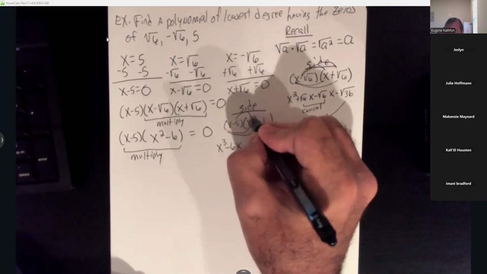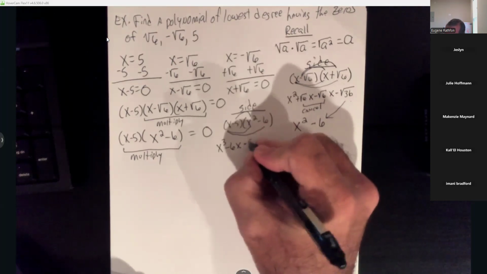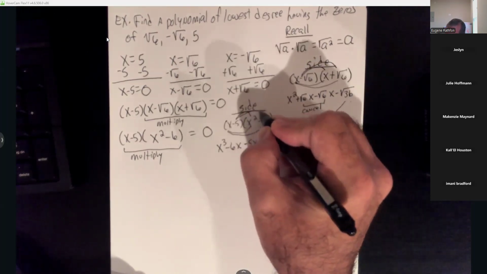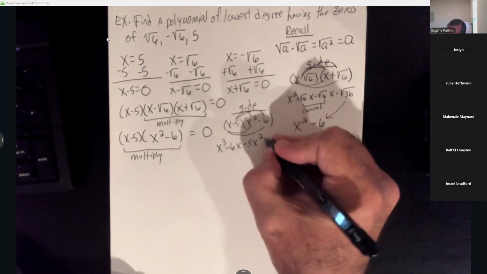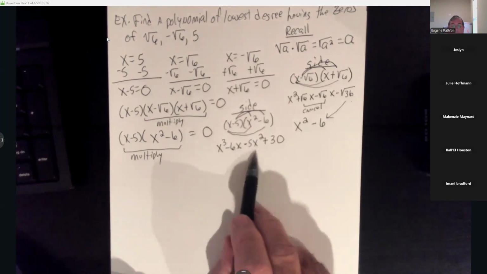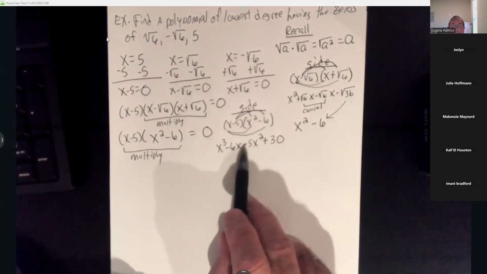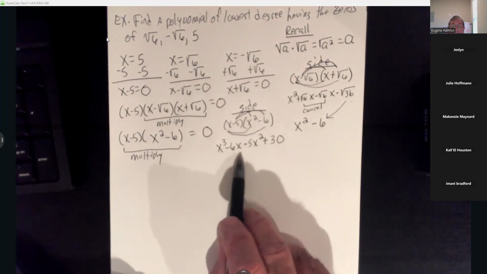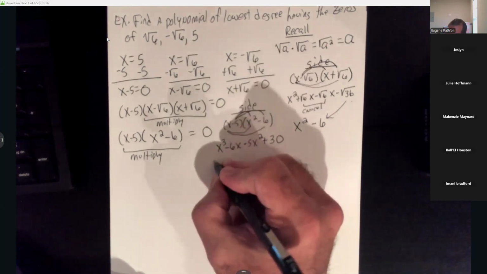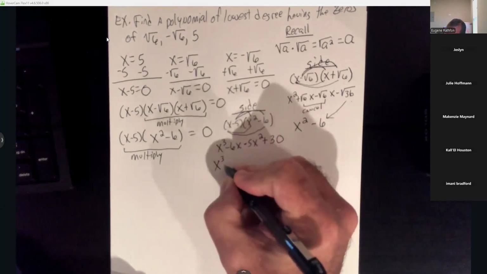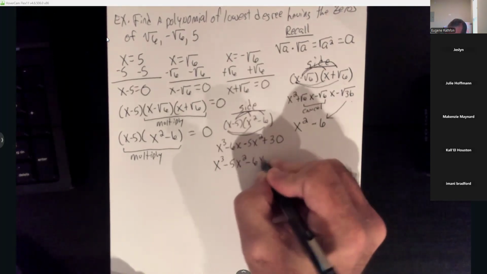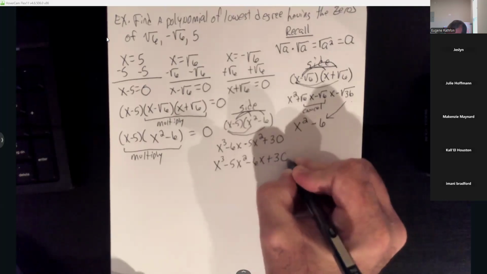Negative 5 times x squared is a negative 5x squared. And then that negative 5 times negative 6 is a positive 30. And notice the only thing I can do is rearrange it because I don't have any like terms, but I need to put the negative 5x squared second. So I get the x cubed minus the 5x squared minus 6x plus 30.